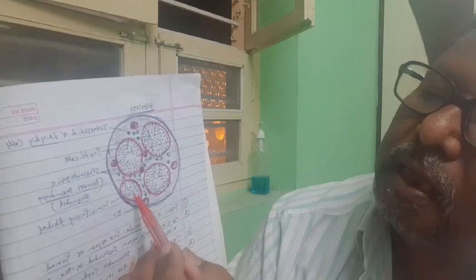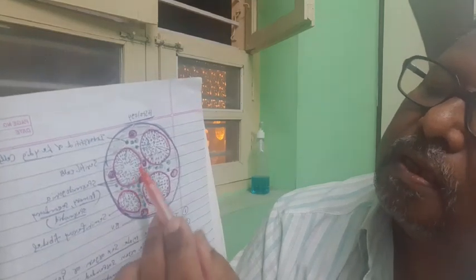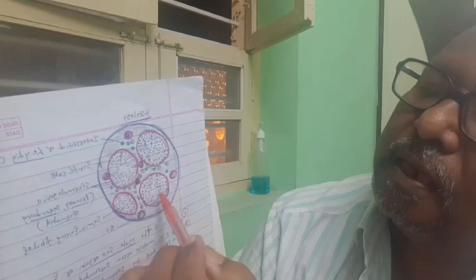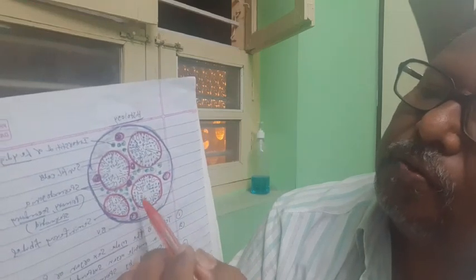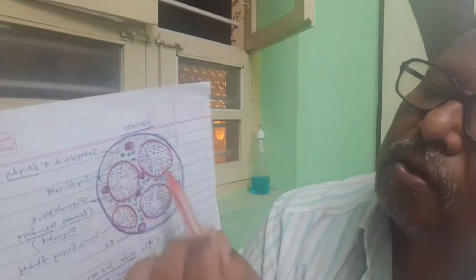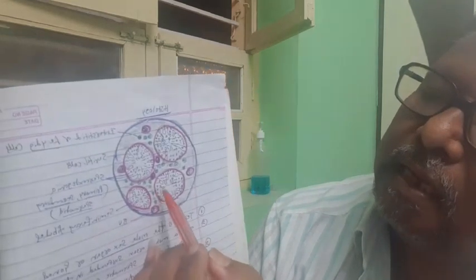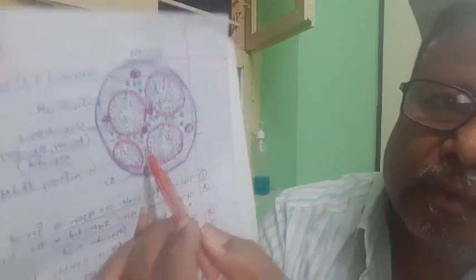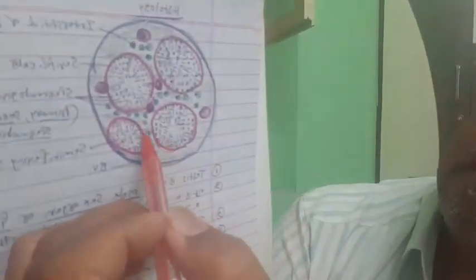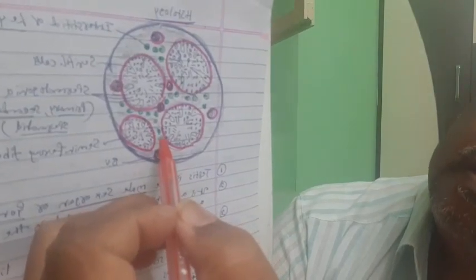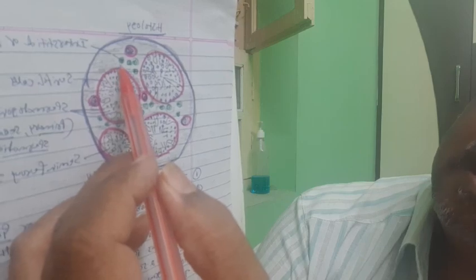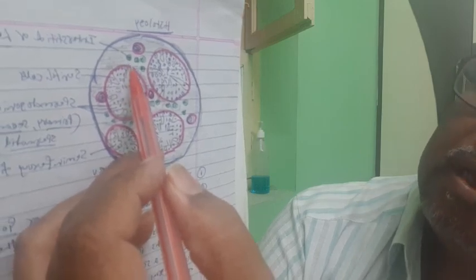Then afterwards they will be carried out. The blood vessels are also present here, and the green colored structures are called interstitial cells, which are endocrine in function. They produce the hormones.